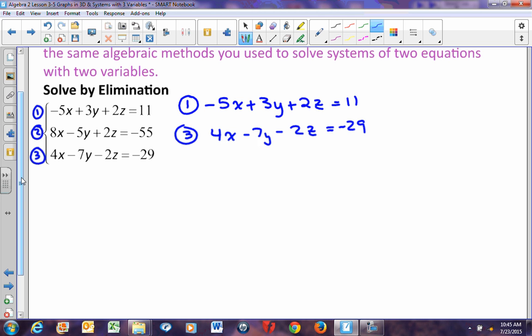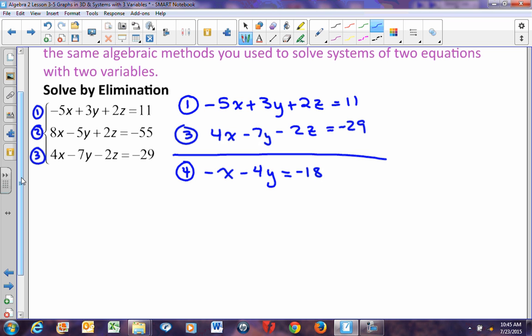I chose those 2 because notice what happens to z if I choose equation 1 and 3 and I add them together. My z's will be eliminated. If I add these together, I get negative x minus 4y equals negative 29 plus 11, which is negative 18. So this becomes equation number 4. Very important to number your equations so you don't get confused.